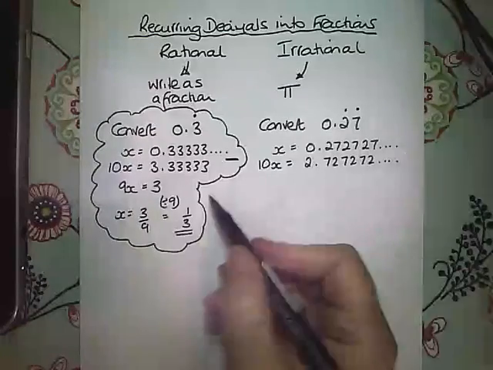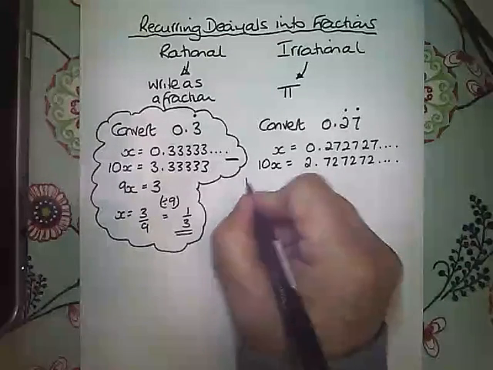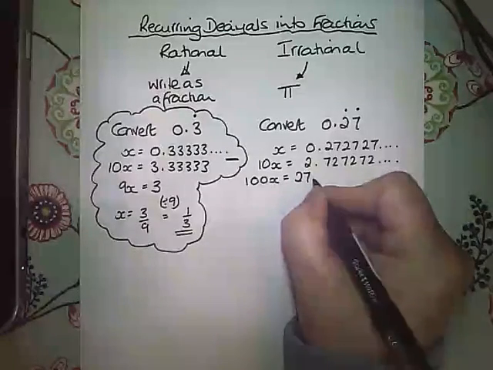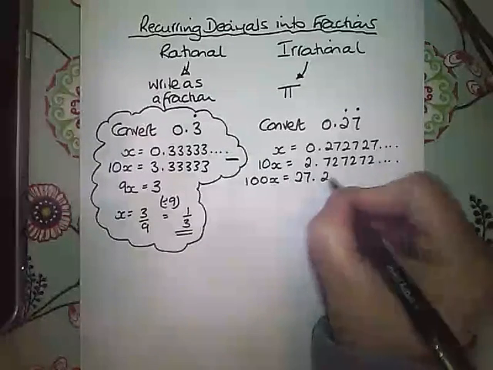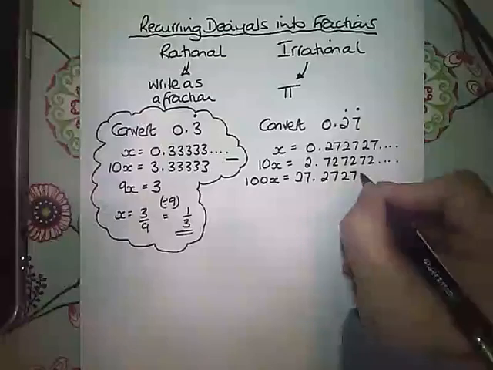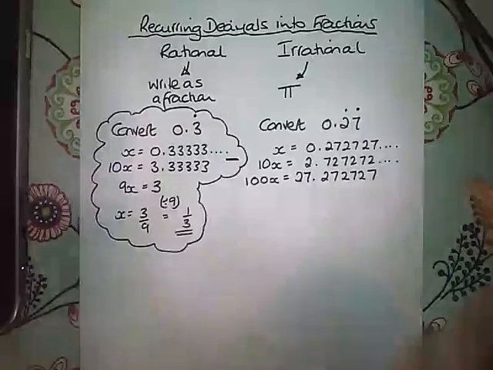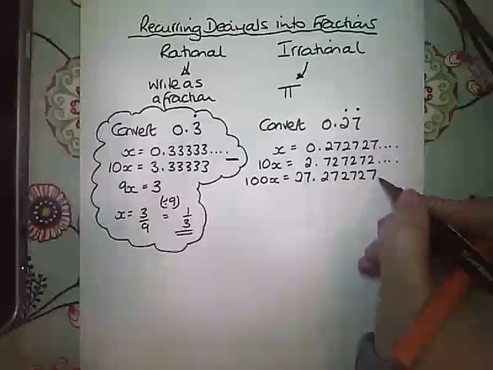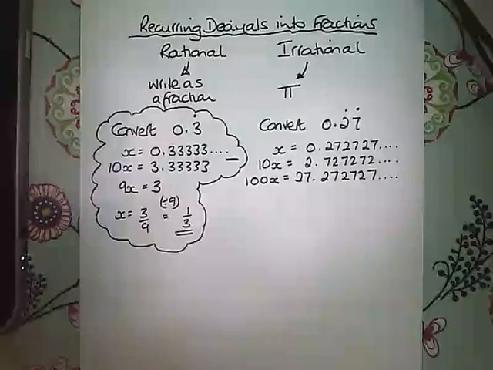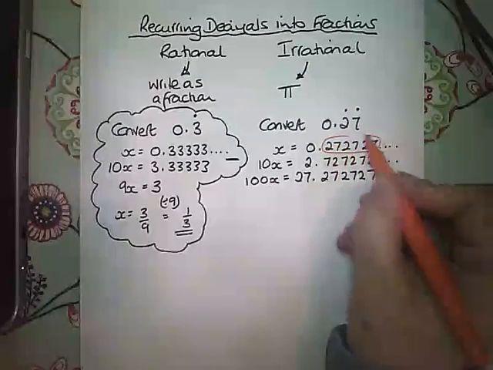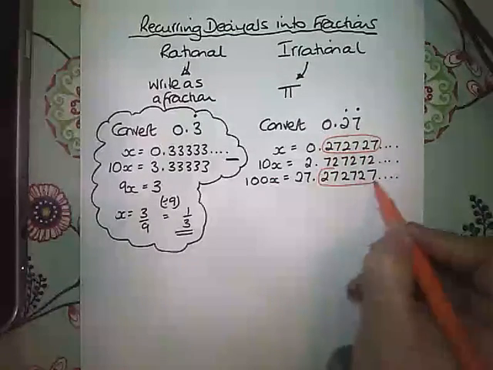Let's times both of them by 10 again. So this time it would be 100x is equal to 27.272727. And now you can see that if we look at the x on its own and the 100x, the decimal places match up with one another.